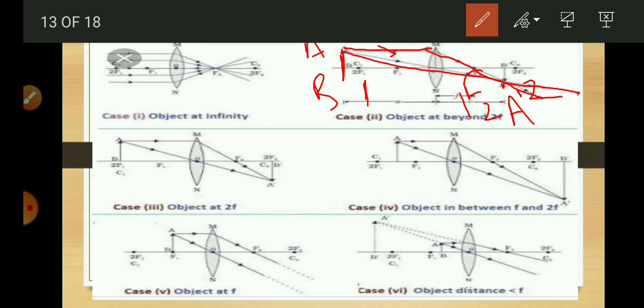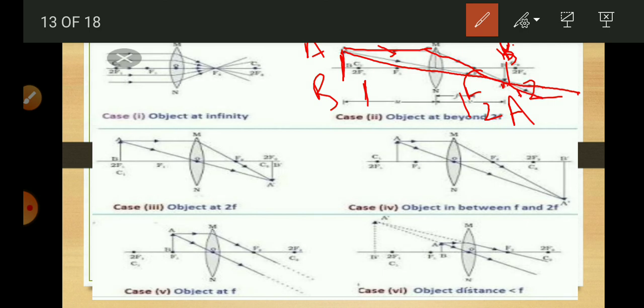If we extend this to the principal axis, we get the bottom of the image, that is the image of point B, that is B dash. So this is our image A dash B dash, which is formed after refraction of two rays of light.